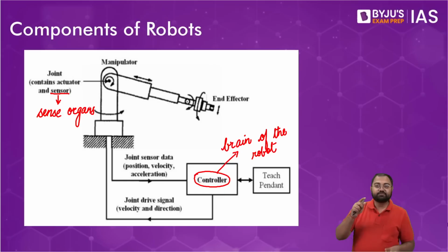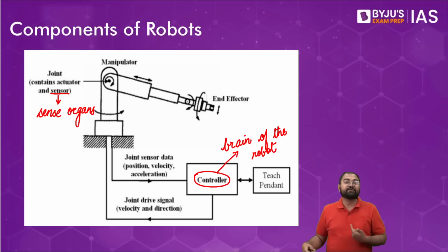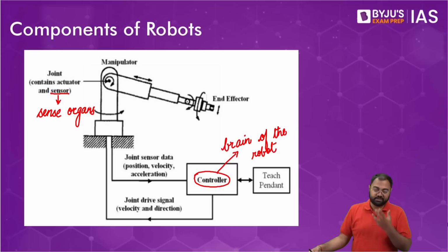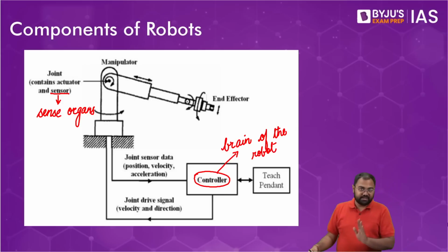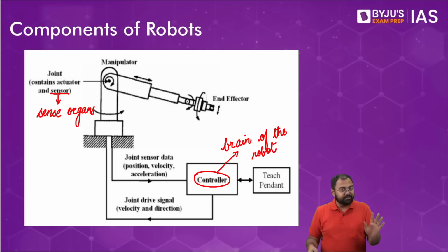The sensors will also be connected to the external environment. They will sense their environment, and they'll send the information to the controller, and the controller, based on the information received from the sensor, will take a decision. So that is how we see that sensors work in a very similar manner as how sense organs work.